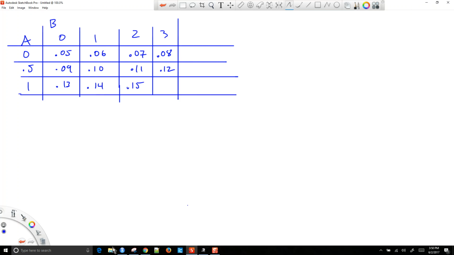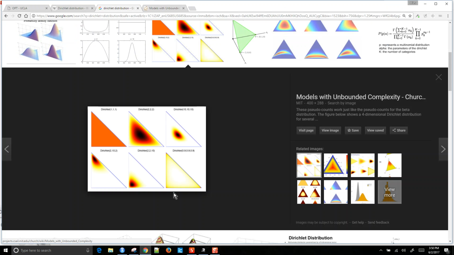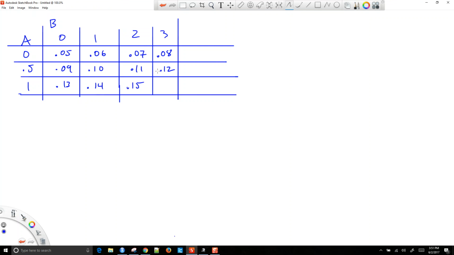I don't know. What is it? Anyway, everything left over goes right there.